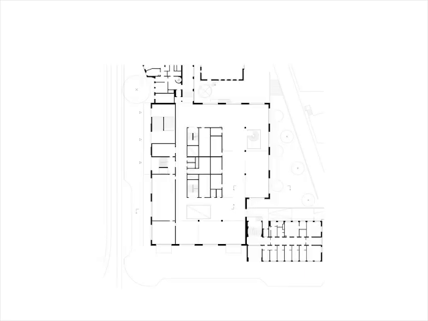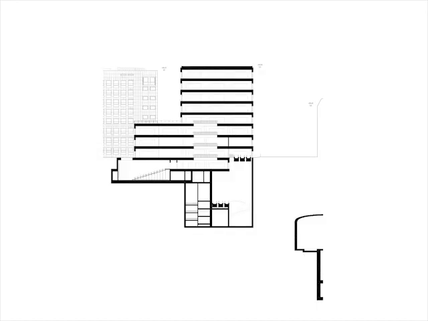Anyway, the plan is very simple. It's a grid, 7.6 meters by 7.6 meters, open space with an inner core. Yeah, that's it. And you see down to the right, you have the tunnel to this new train tunnel that also will have an exit in the building on the first floor.